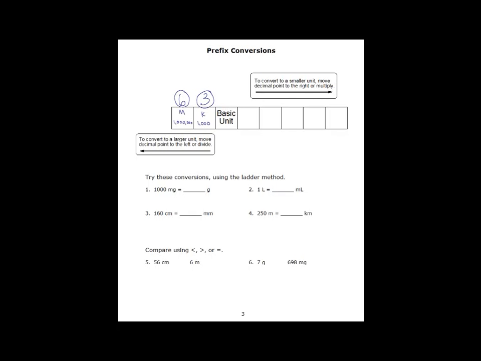And what I mean by basic unit is it could be grams, it could be liters, it could be seconds. It's whatever your base unit is. So whatever you're measuring, volume, mass, length, time, distance. So it could be any unit. So it's just whatever is after the prefix.